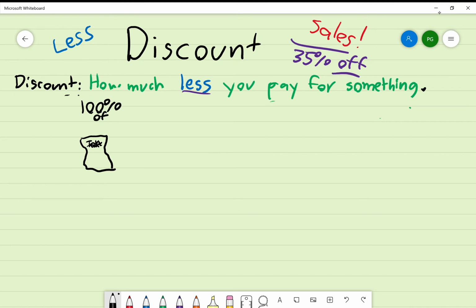So 100% of A, because I never want to use T for an expression. I could use T for Takis, but the T looks kind of like a plus sign, so I want to use the A instead. So 100% of A is what it usually sells for. And there's a sale going on for 10% off.